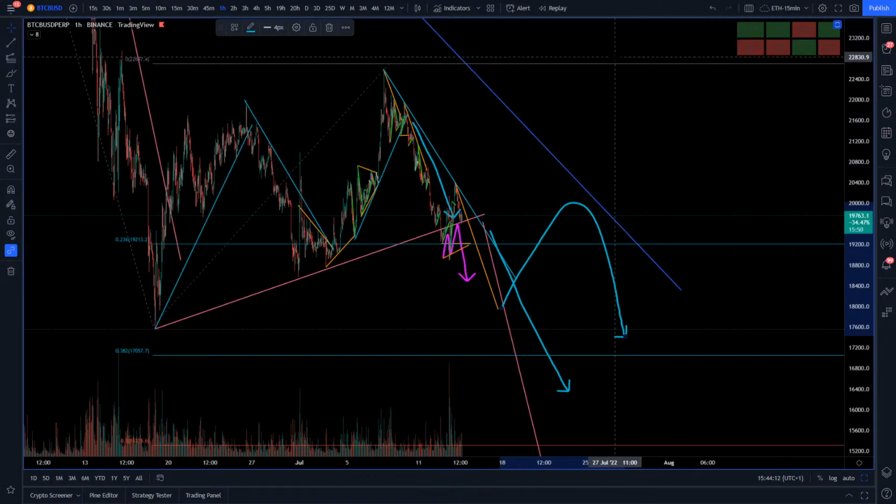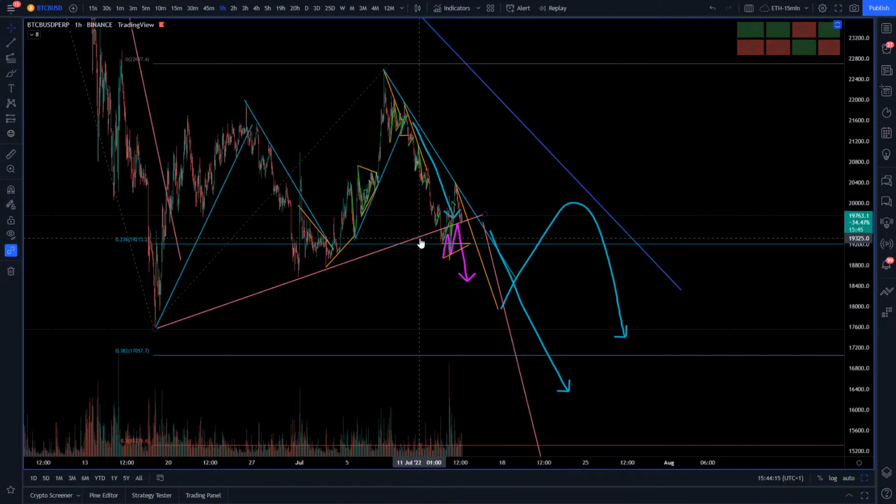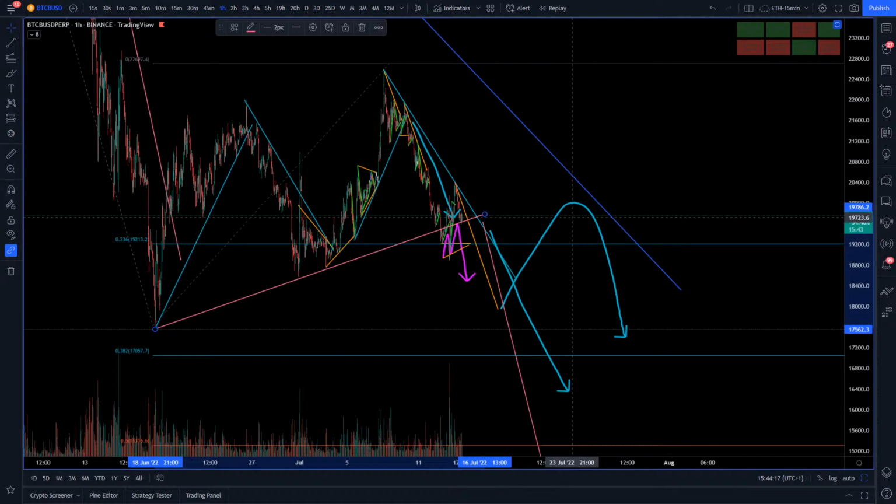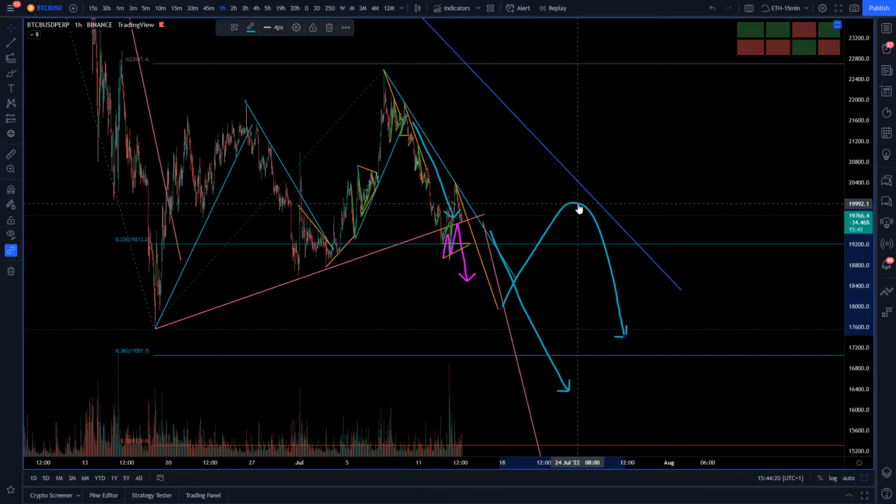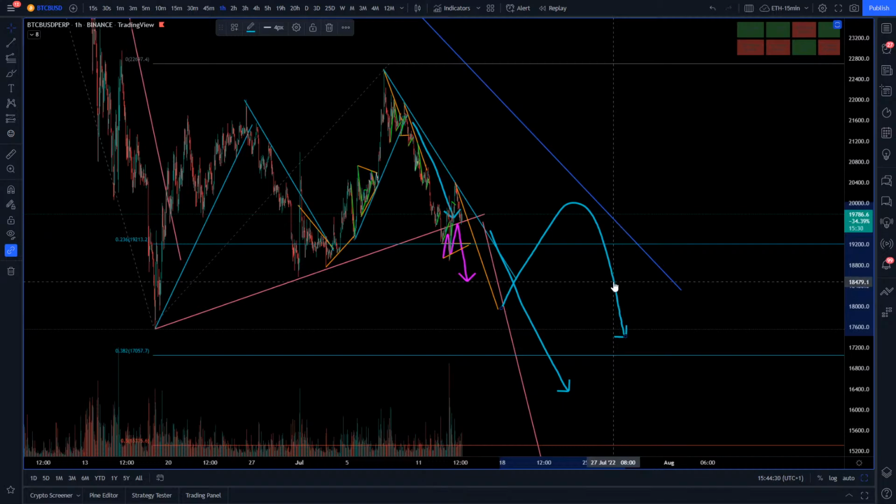So our pink line breakdown is not yet confirmed until this line right here makes a retracement. A retracement, what I mean is that it goes up and down. So if this line doesn't go down, then it may make another high.